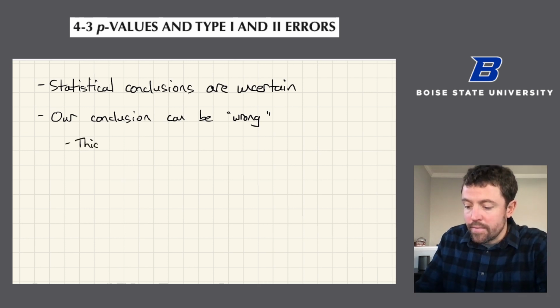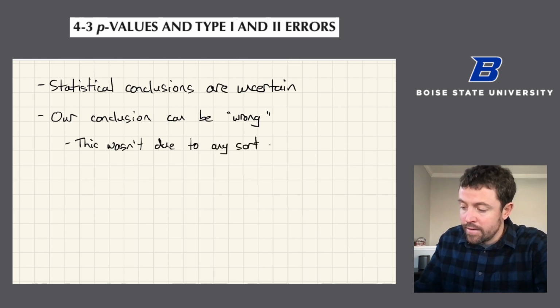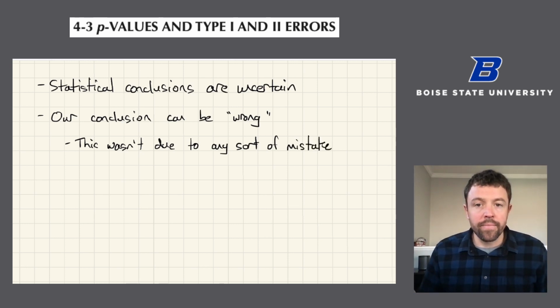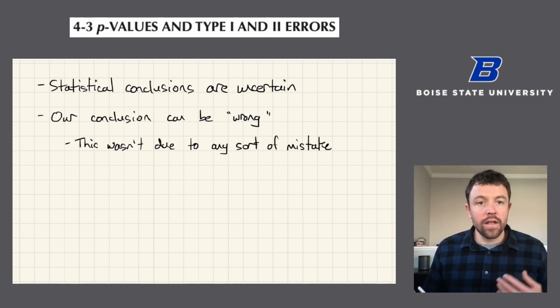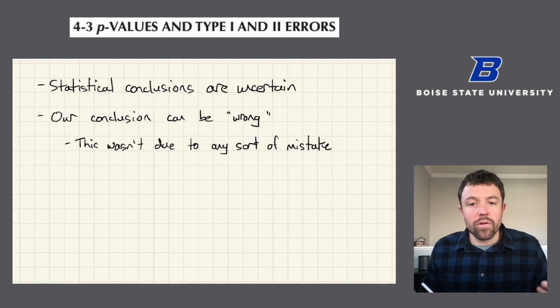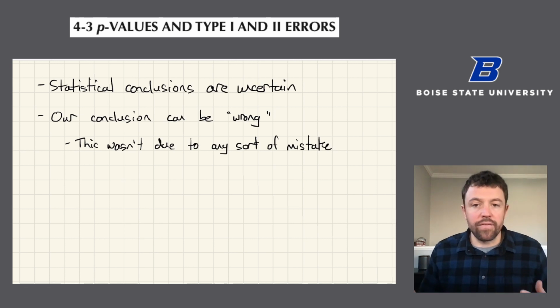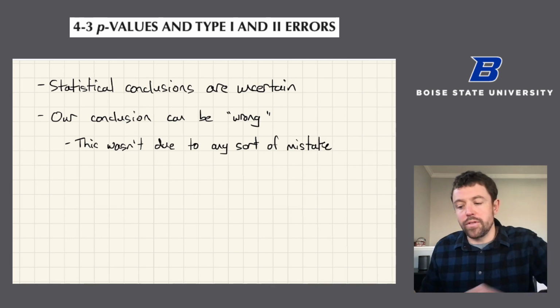This wasn't due to any sort of mistake. It's simply variability. And depending on what our conclusion was, the real world context of that error can be vastly different. This is the importance of a type 1 and a type 2 error.